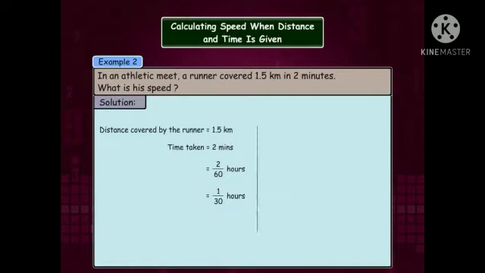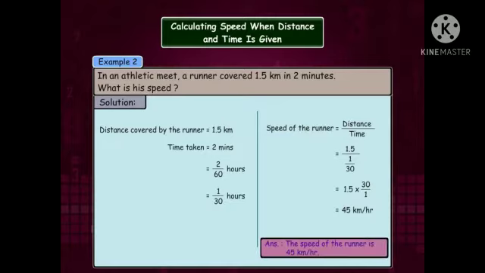Speed of the runner is equal to distance by time. Distance is 1.5 by time is 1 by 30. If you take the reciprocal of the fraction, 1.5 into 30, we get 45 kilometers per hour. Therefore, the speed of the runner is 45 kilometers per hour.